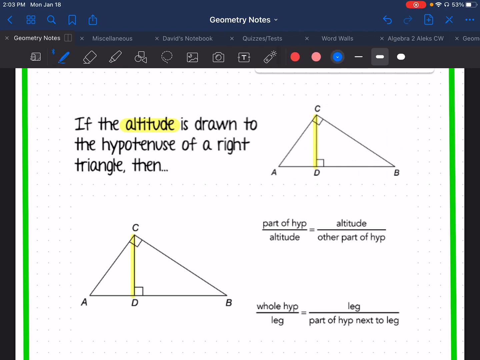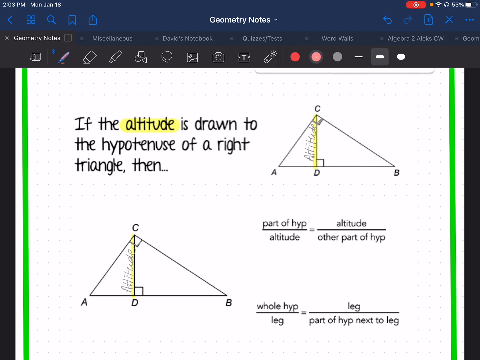So let's go ahead and mark that, because that's going to be the first thing that you're going to do today. Altitude. Let me put it on the other one. Altitude. You have your large right triangle where the right angle is at the vertex C. A to B is going to be your hypotenuse.